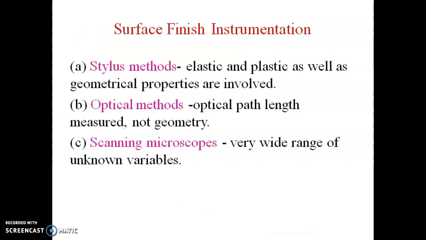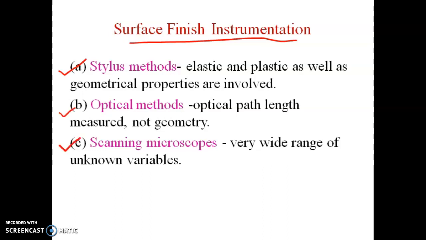As additional information, we are discussing some surface finish instrumentation, that is, instruments used to determine the surface finish or surface roughness. Mainly we use stylus methods, then optical methods, and finally the scanning microscope.